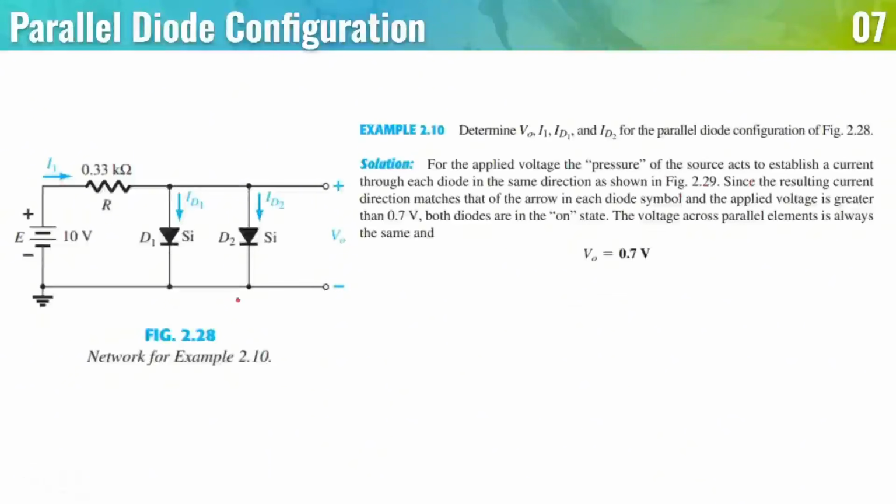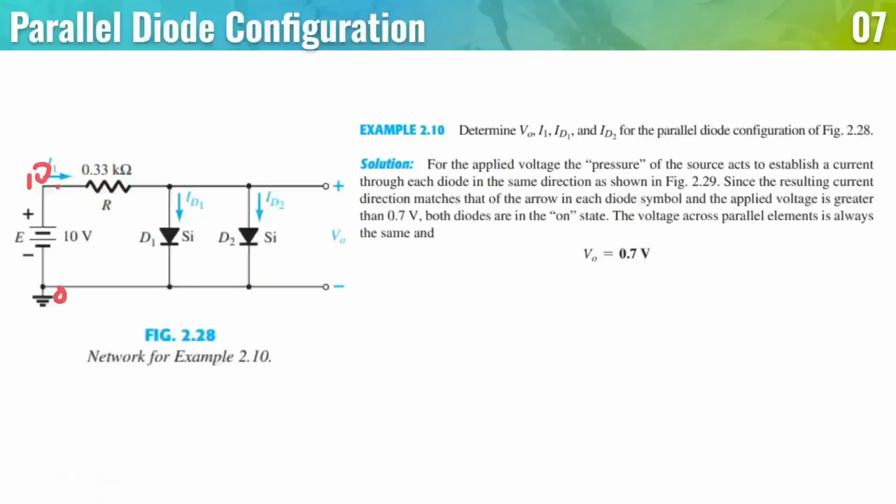Given this diagram, we are to determine V sub O, I sub 1, I sub D1, and I sub D2 for the parallel diode configuration. For the applied voltage, the pressure of the source acts to establish a current through each diode in the same direction as shown in the figure. Right here, we can see that this is the positive side and this is the ground.